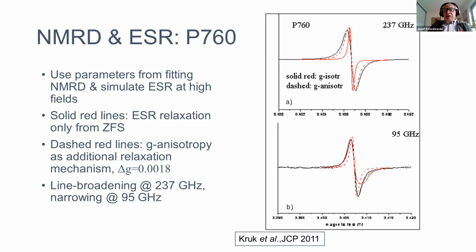The solid red is for an isotropic G tensor, and dashed is for an anisotropic G tensor. It turns out that we were forced to invoke the anisotropic G tensor in order to reproduce the line shape. But according to the ESR people, this is reasonable to expect. We need a low anisotropy of the G tensor.